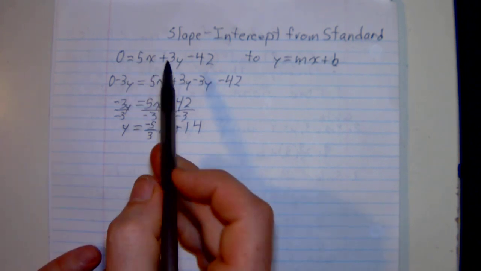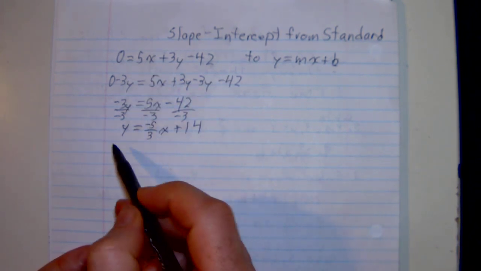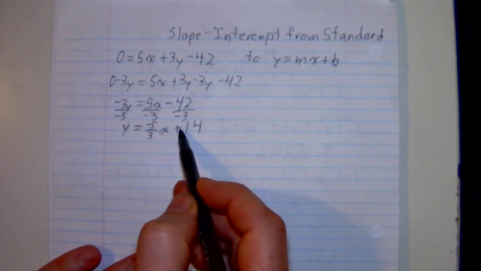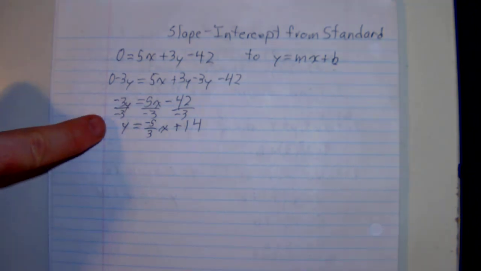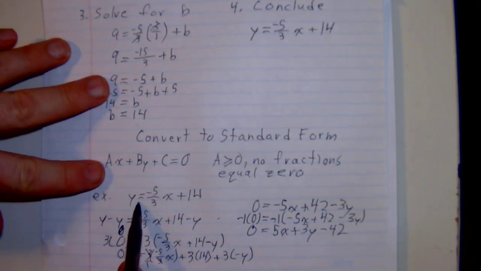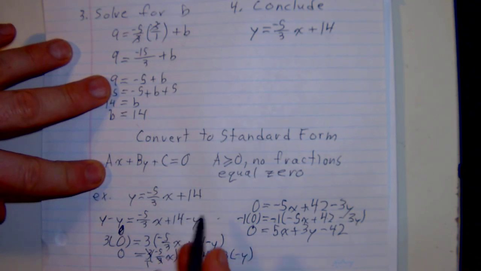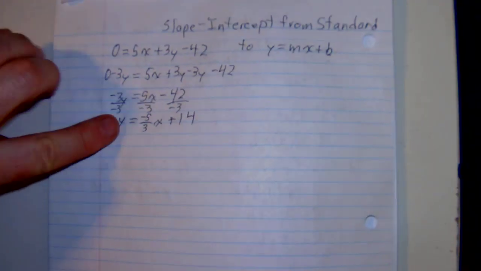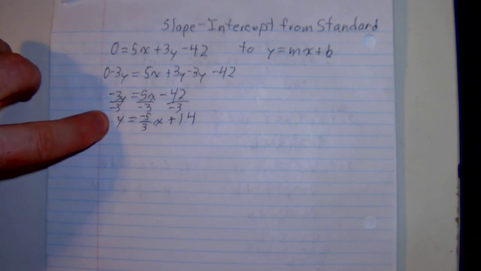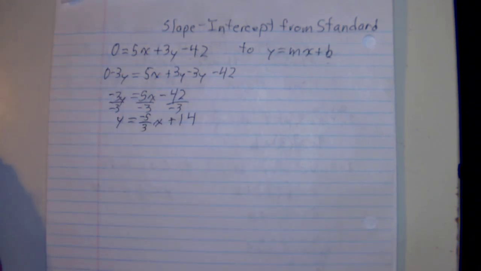So we've taken our standard form equation and transformed it to y equals mx plus b. And we can verify this because we started with this and turned it to standard form in the last question. You can see y equals negative 5/3 x plus 14 was indeed our starting point, and it's what we've got back to. So that confirms that for us.